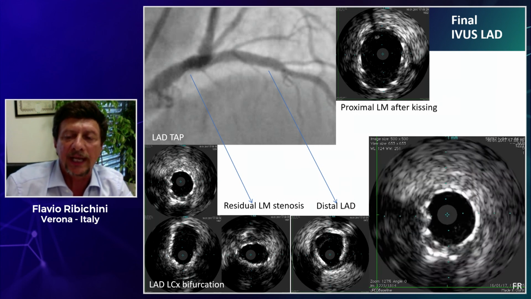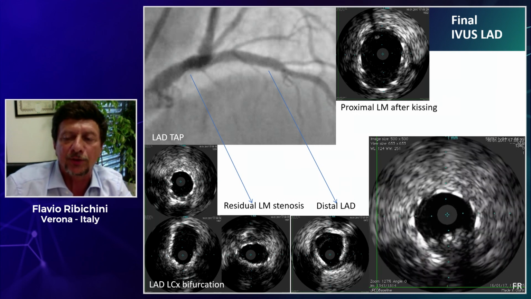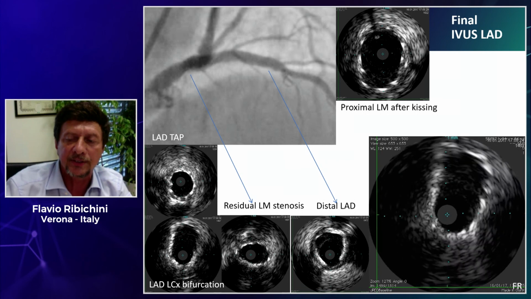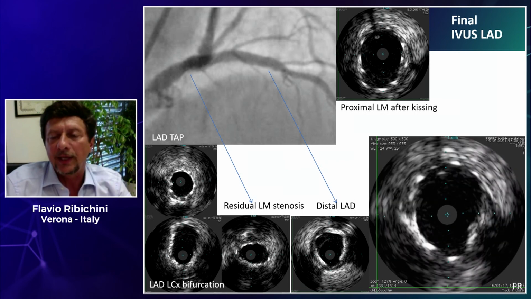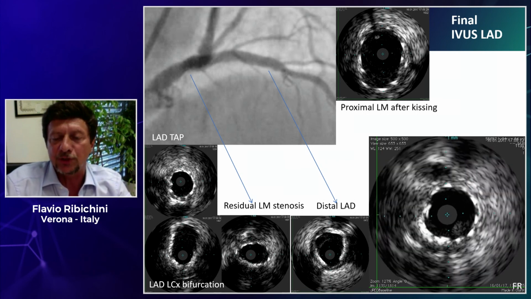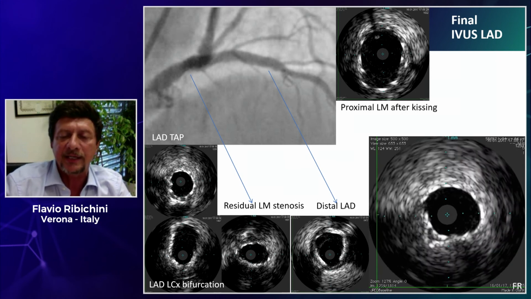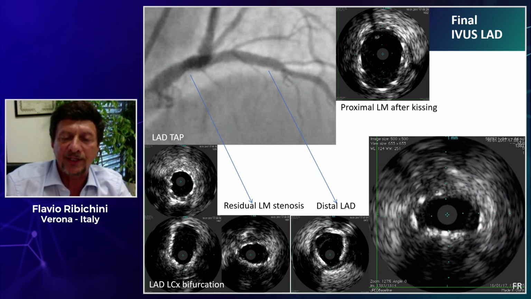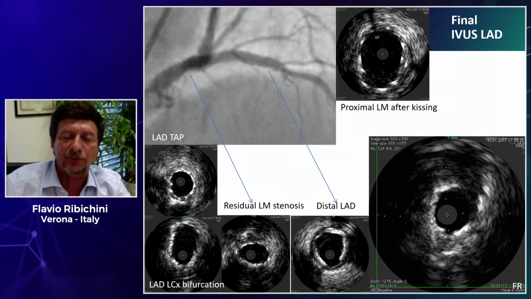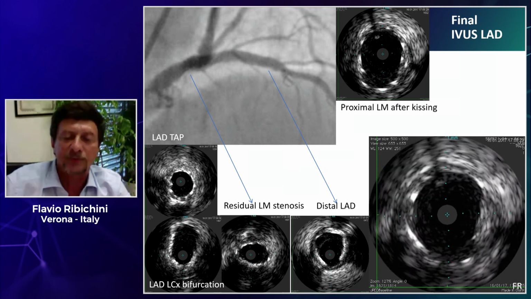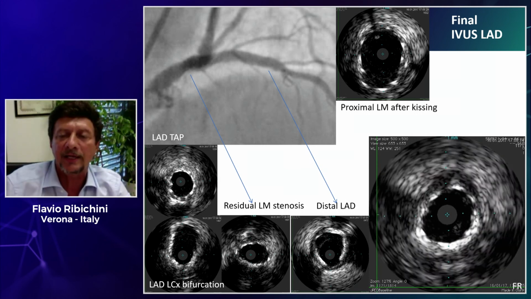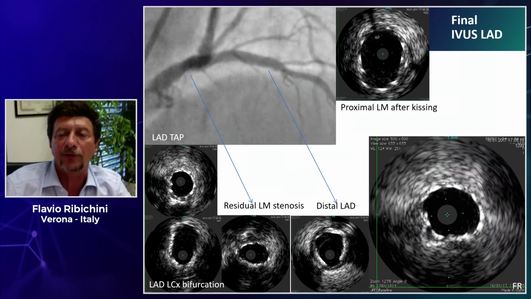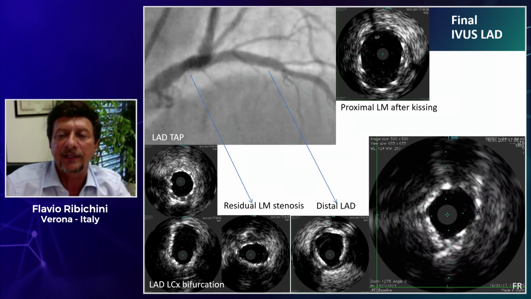And this is what you get. This is the pullback from the LAD to the left main on the bottom right. You see the good stent apposition in the distal LAD. You see there is some asymmetry at the point of the bifurcation, but the bifurcation is quite large. It's very nice. And the proximal part of the stent after kissing is very large.